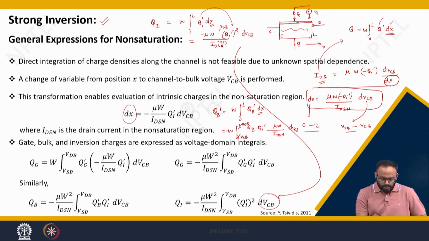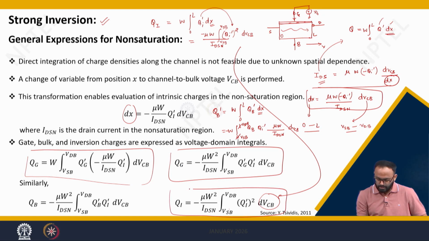So, that is how the closed form equation of the charge with respect to voltage comes for quasi-static analysis. Total Qg depends on Qb and Qi. It is the same one, we just rearranged the constants, taken these constants out, and Qg can be written as this. Similarly, Qi can be written as this and Qb can be written as this.